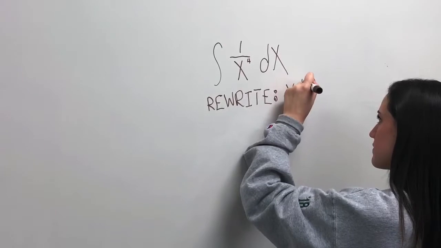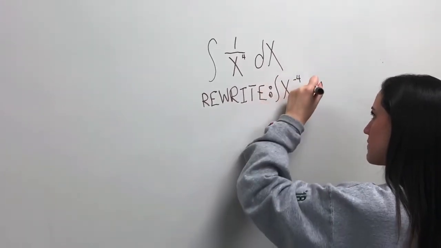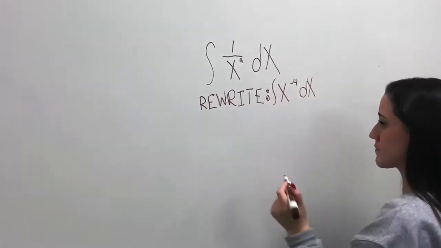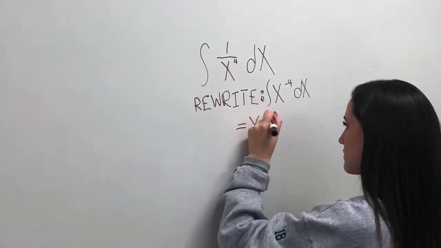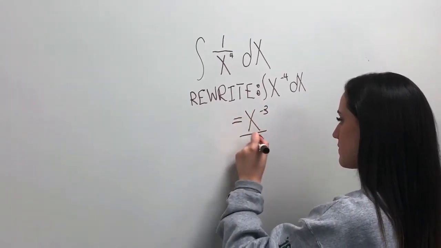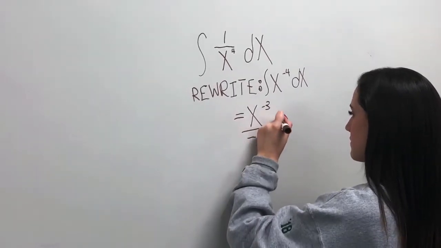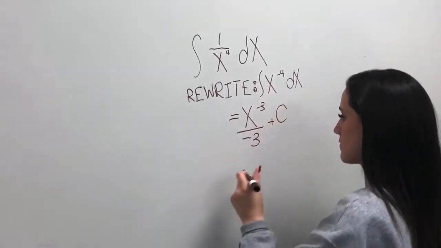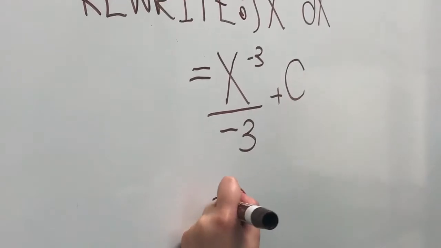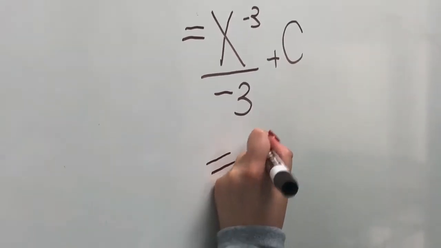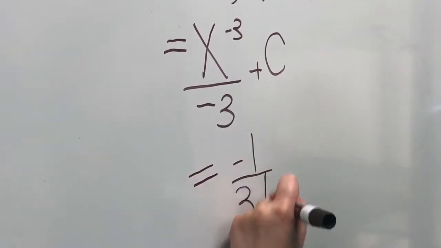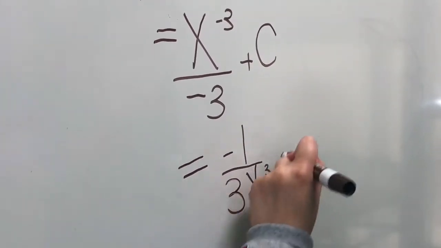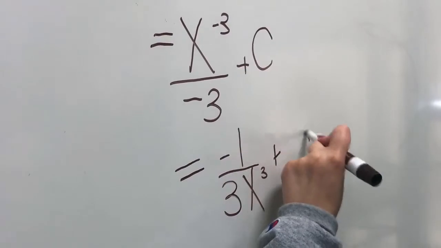And then we increase the power by 1 to get x to the negative third power, and then divide by that same number plus c. Now we can simplify that down to negative 1/3 x cubed plus c.